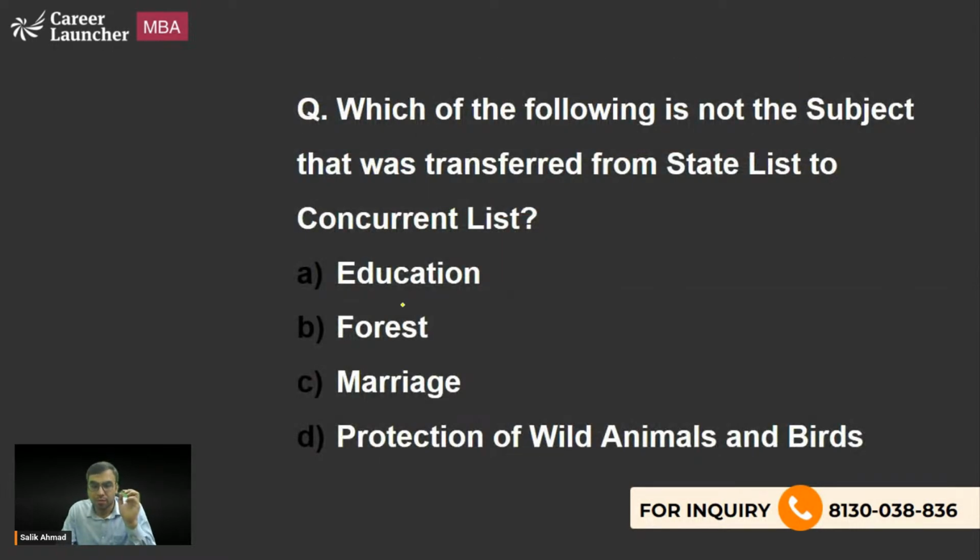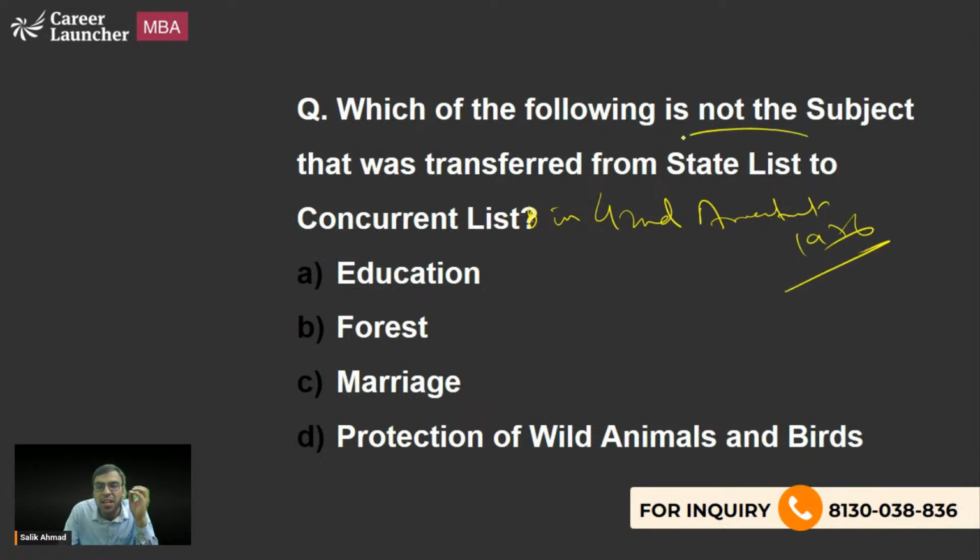Now, in the 42nd Amendment, 1976, there were some subjects which were in the state list but were transferred to the concurrent list. Which of them was not that? The question is asking 'not'.